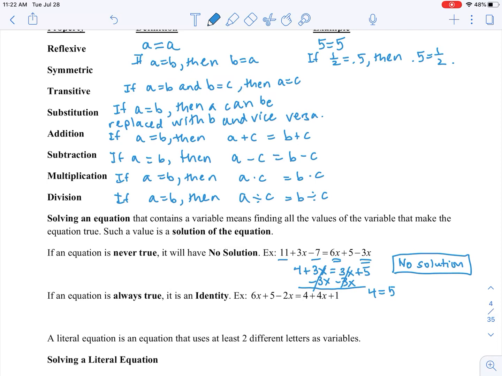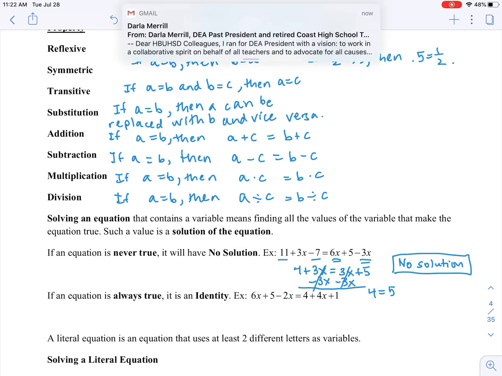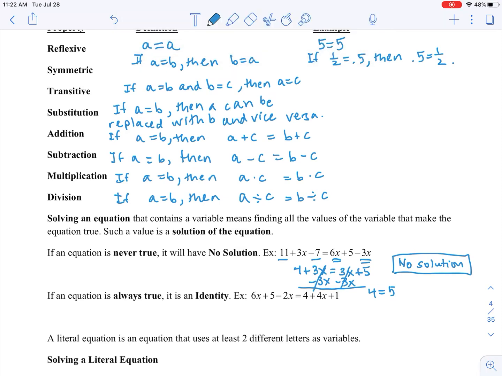As opposed to the second unique situation where you get identity as an answer. So in this case, you're combining like terms. 6x minus 2x is 4x on the left. And then 4 and 1 you can combine to be 5. And if you look, 4x plus 5 equals 5 plus 4x. Well, that is the symmetric property. That's always true.